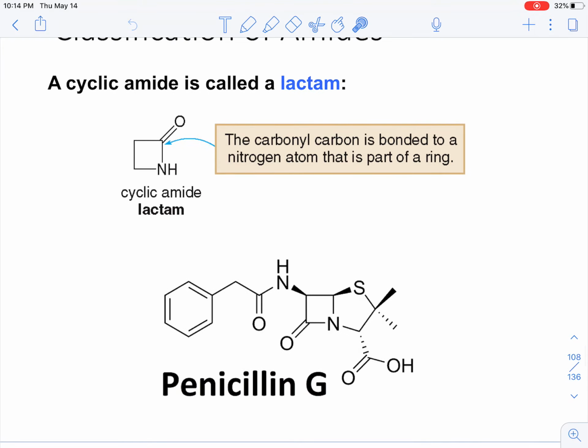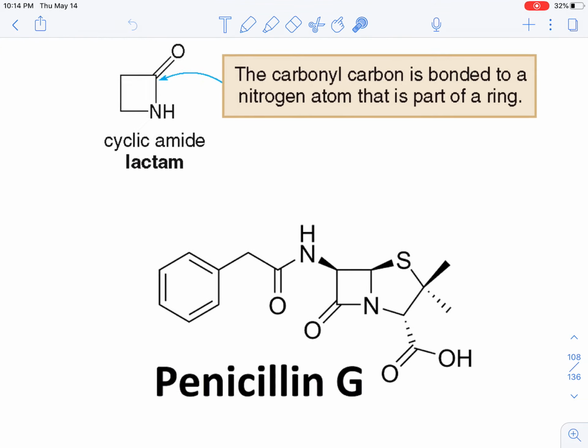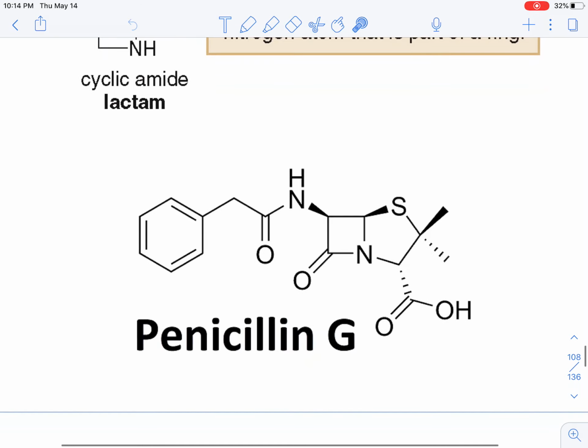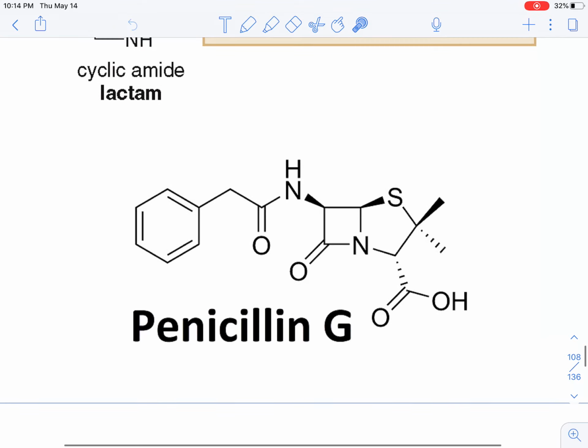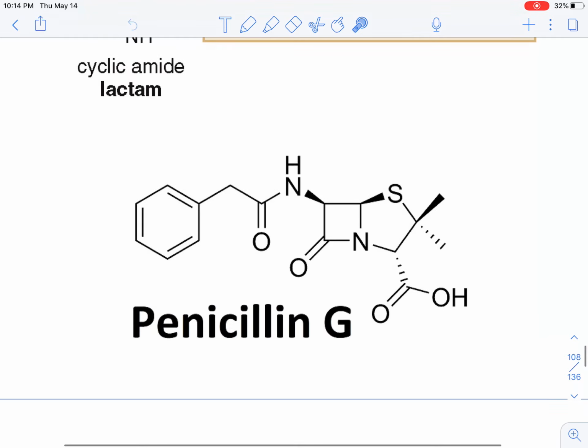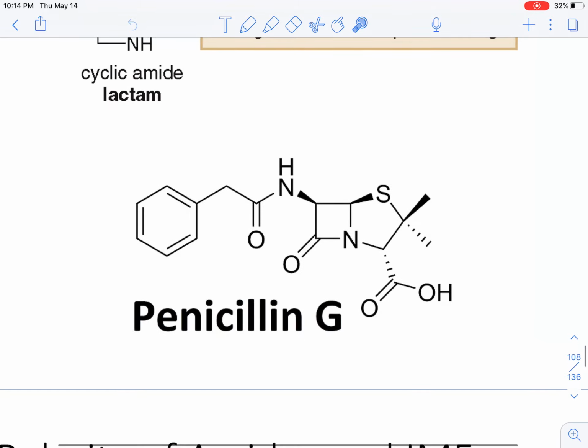These lactams are prevalent in the penicillin family. The penicillin family is an antibacterial. It's a bactericide, which means that this drug has the ability to kill bacteria. The mechanism of that action is pretty interesting and pretty specific.